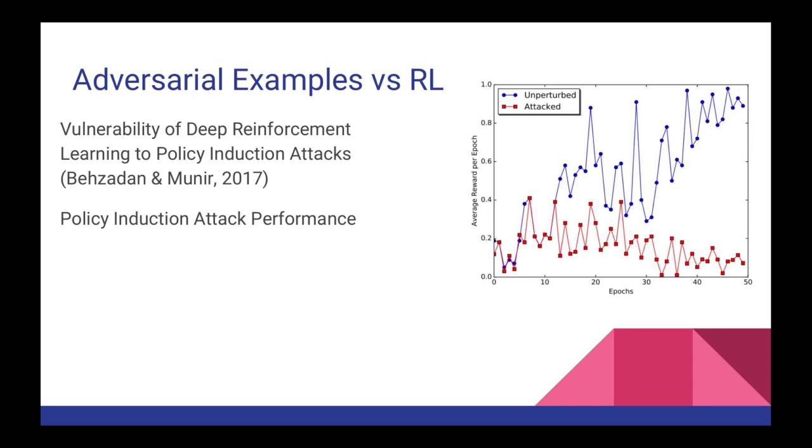The goal of the adversary, the policy of the adversary, was to make this DQN agent lose the game. And as you can see, this convergence is happening towards the 50th epoch.